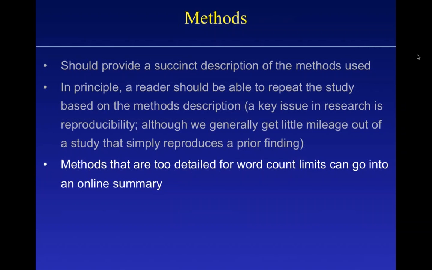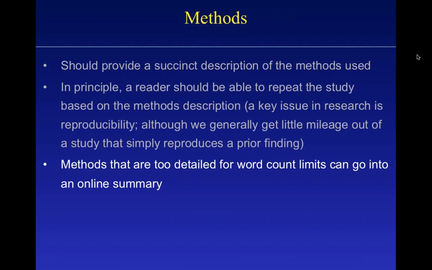They can only have a maximum of 2 display items and a maximum of 1,500 words in the text. So obviously the author has to be very parsimonious, and in judging the methods, of course, there may be things that are missing, but if there are tight word count restrictions, you should be aware that the authors do have the opportunity of a detailed supplement.